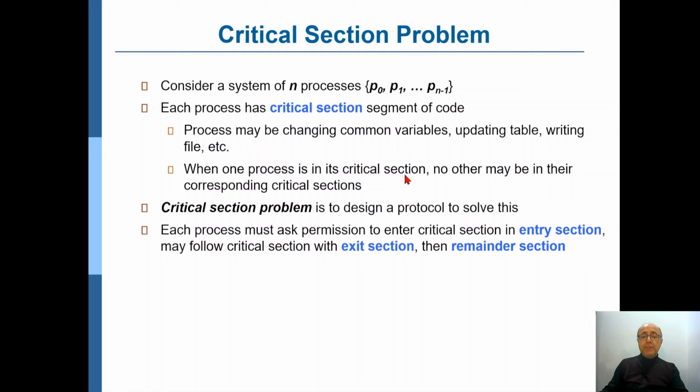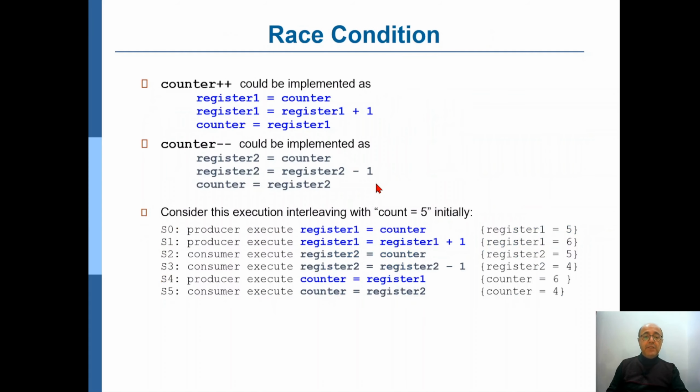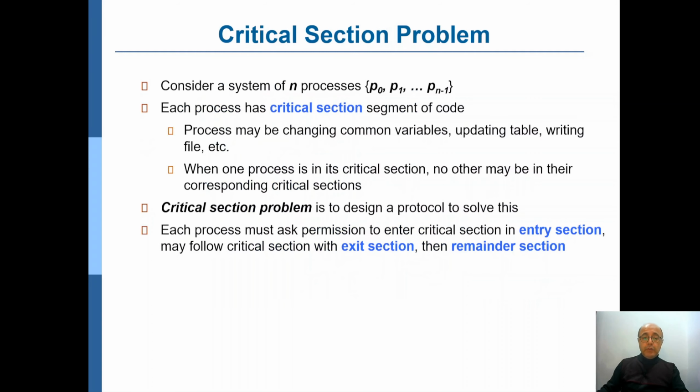And when one process is in its critical section, no other process should be allowed to enter its critical section, because if it does, we may experience the problem we had here. So the critical section problem is aimed at designing a protocol to solve this problem we have discussed.